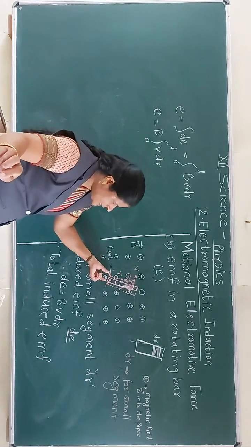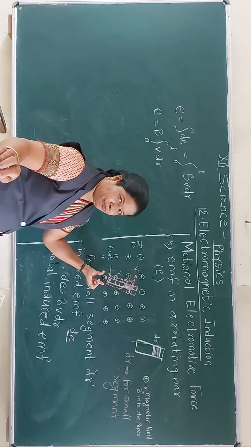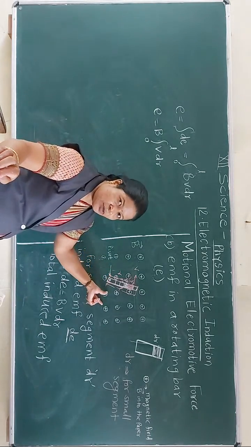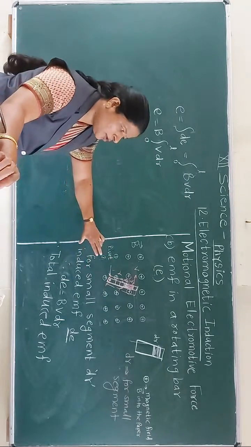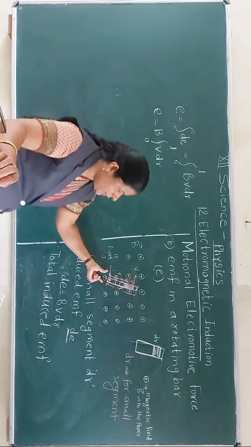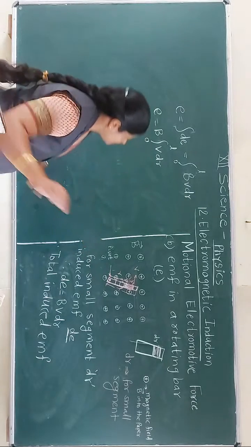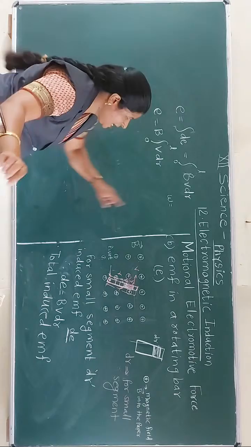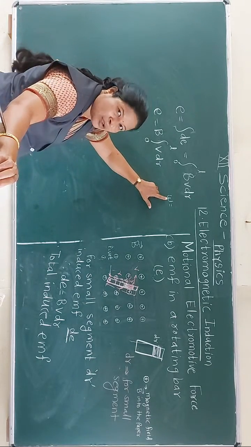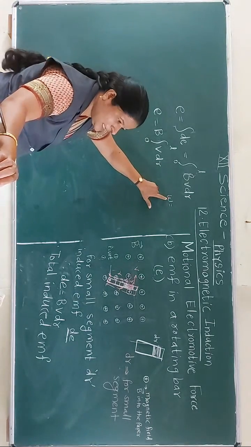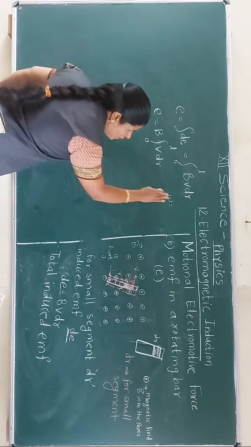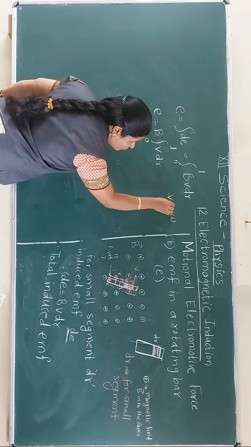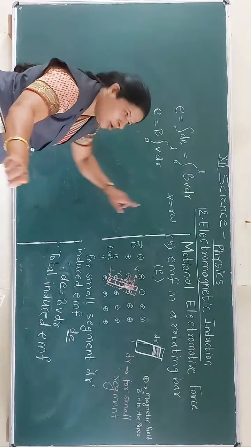Now this bar is rotating. Observe the diagram. This bar is rotating, and in rotating condition we get the angular or rotational velocity, and we denote it as omega. We know the relation between v and omega: v is equal to r into omega.